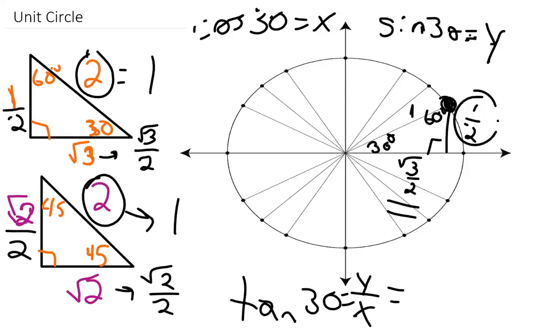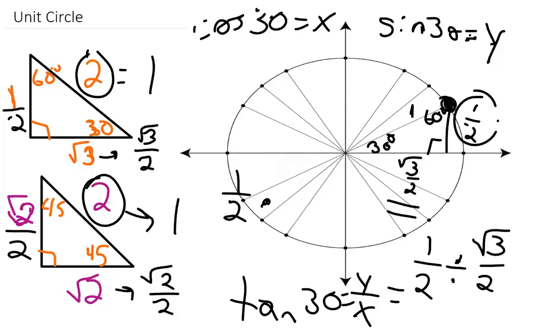So I could plug that in, and I could say it's going to become 1/2 divided by root 3 over 2. To simplify that, I will change it to a multiplication problem. It would give me 1/2 times 2 over root 3. Cross these out, I'll get 1 over root 3.